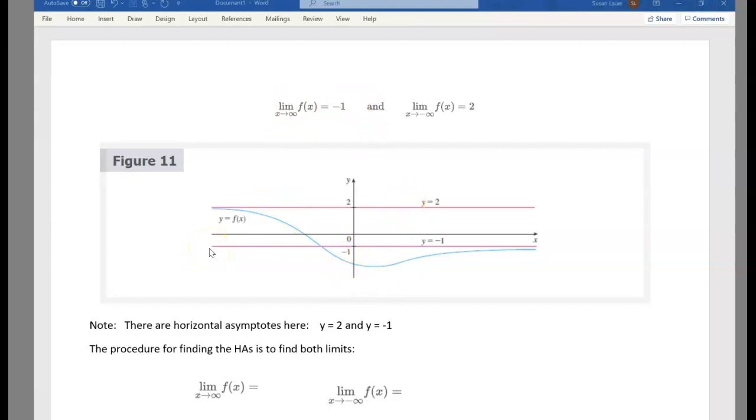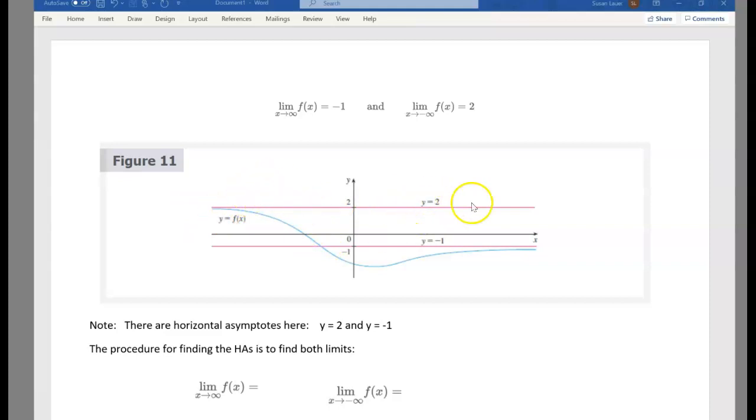So the horizontal asymptote is really describing end behavior. So we're saying what's going to happen at the ends of these. This function looks like it's settling up to -1. So if it looks like it's hugging a particular line, that would be the horizontal asymptote. So the limit as x goes to infinity here is -1. Going to negative infinity, it's hugging up to the line y equals 2.